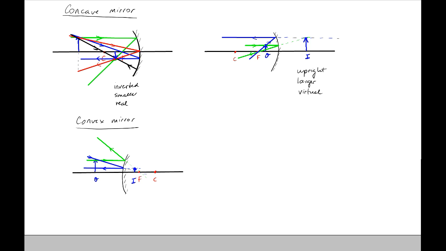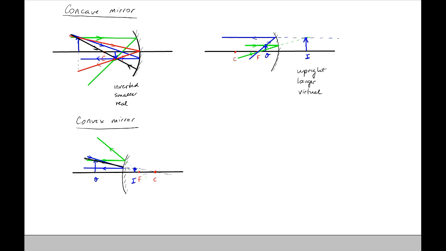It's a beam that would go through the center, but it doesn't make it there. It just bounces back along the same path. If I were to extend it like this, then my beam would also pass through that point. So my three beams will intersect at that point.